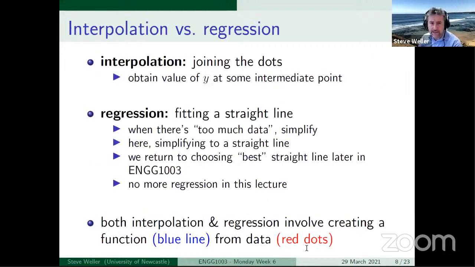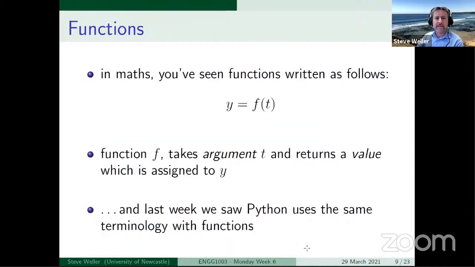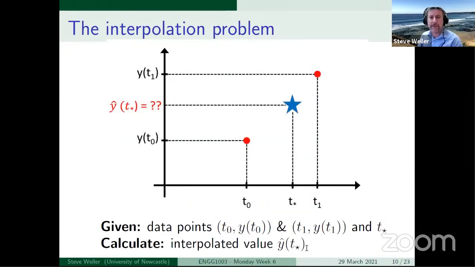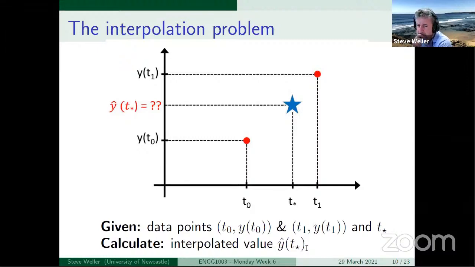So back up one slide, both interpolation and regression, but let's focus on interpolation, involve creating a function, a blue line, from red dots. So let's see how we go about doing that. In the interpolation problem, I've said it in words, but now I'm going to get a little bit more precise about what I mean. Here's the interpolation problem.